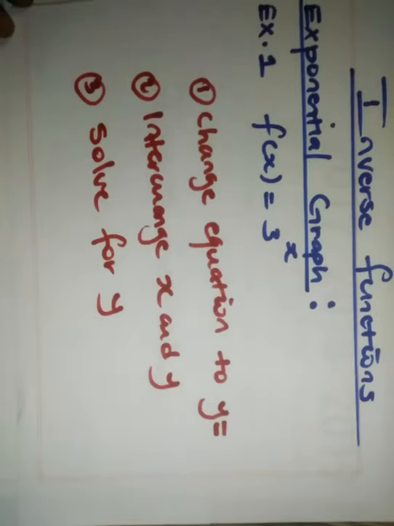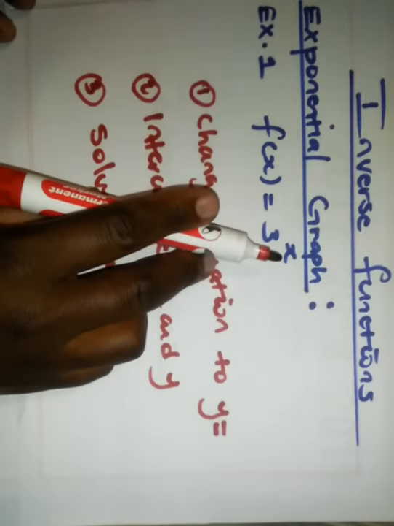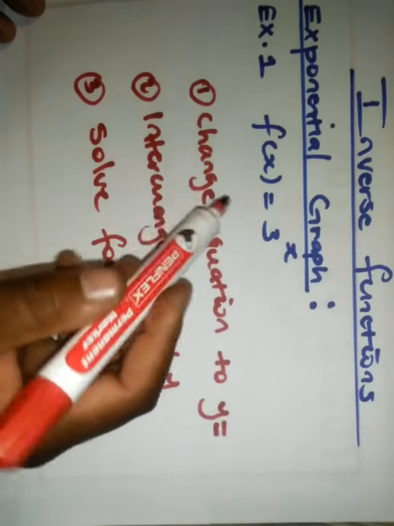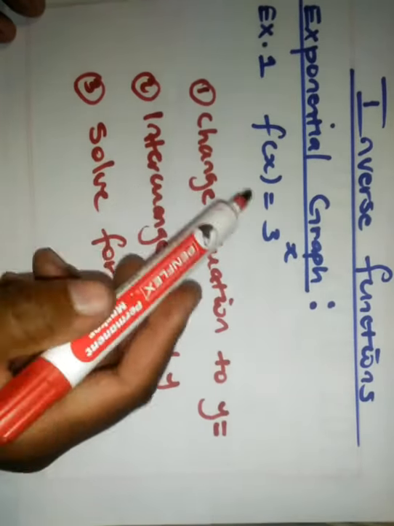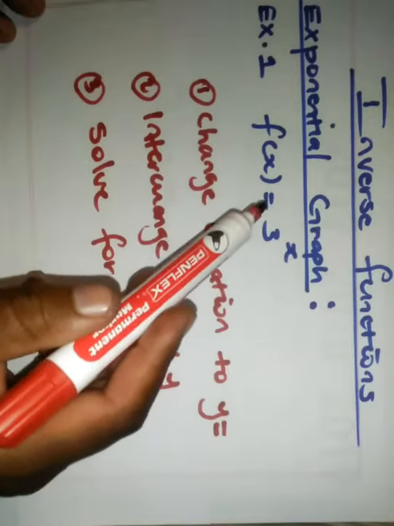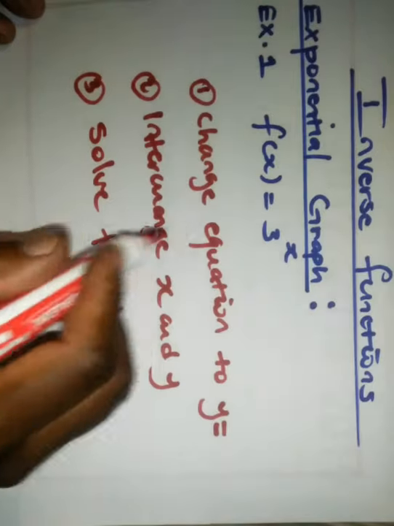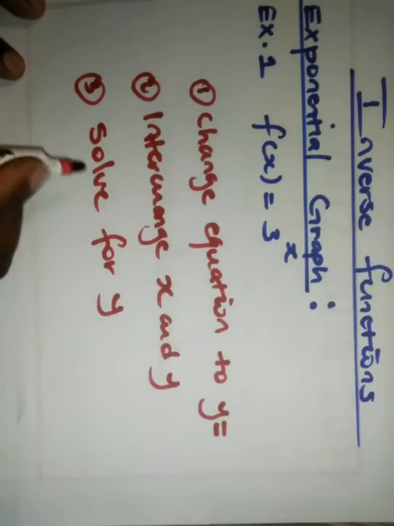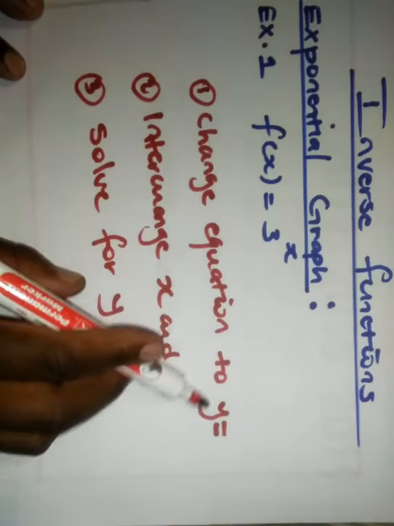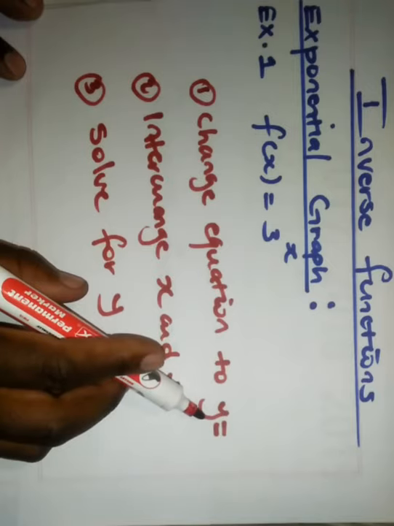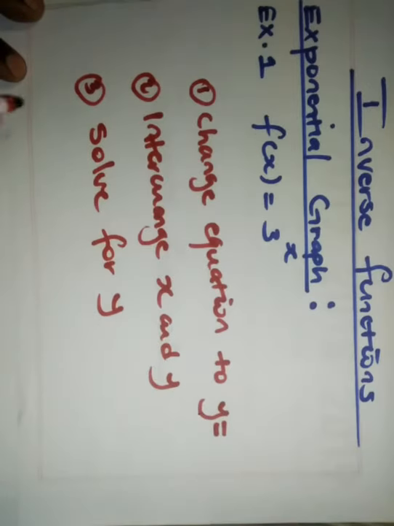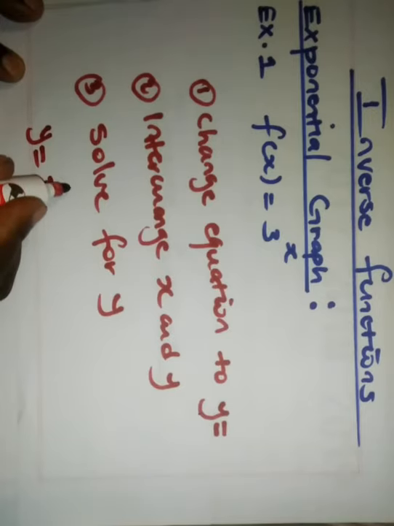So let's have a look at the example of f of x, which is equal to 3 to the exponent of x. We are going to apply exactly these three steps in determining the inverse of this f of x, one step at a time. The first step, we need to change the equation to y is equal to, so that will be y is equal to 3 to the exponent of x.